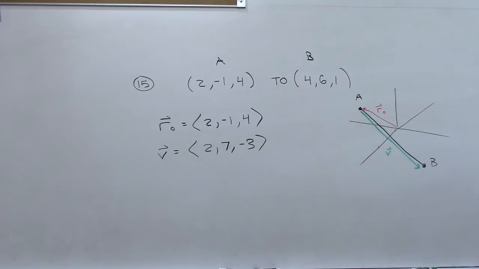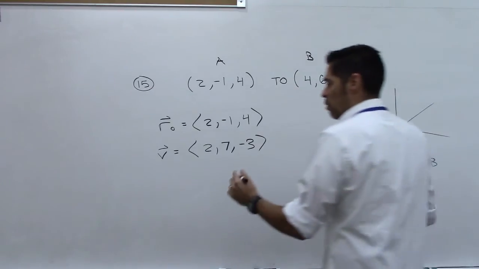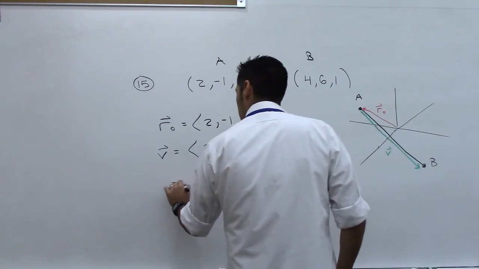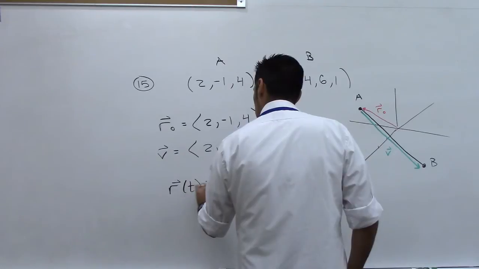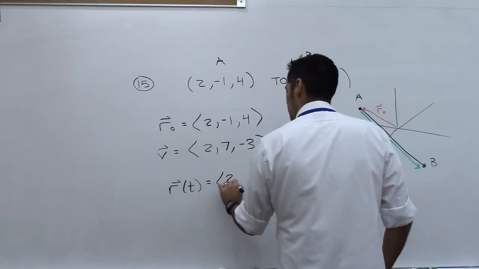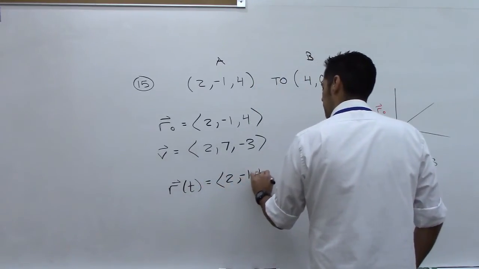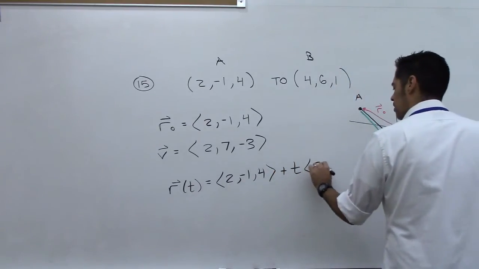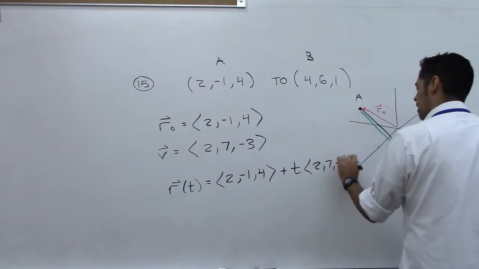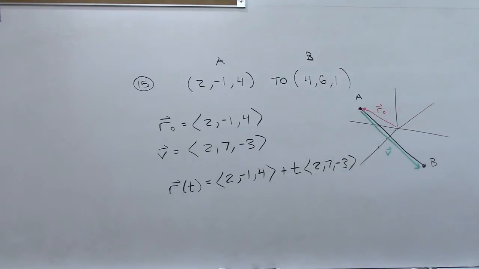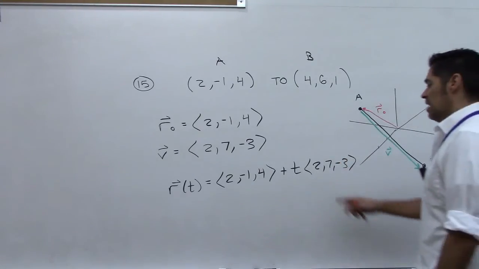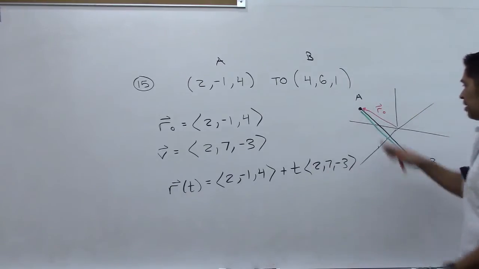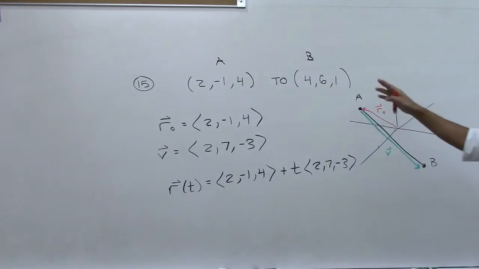And so I come up with my formula. My formula will be R of t equals R naught plus t times v, which is 2, 7, -3. Now, again, the key to this is that if t is all real numbers, then it's going to draw the entire line, not just the segment.